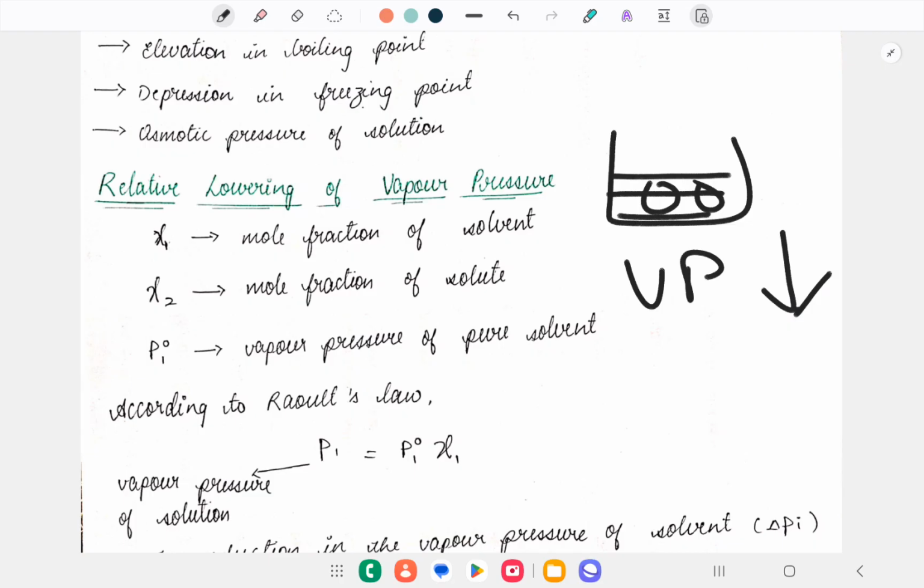Raoult has established that the relative lowering of vapor pressure depends only on the concentration of the solute particles and is independent of its identity. Let us assume that x1 is the mole fraction of solvent, x2 is the mole fraction of solute, and P0 is the vapor pressure of the pure solvent.